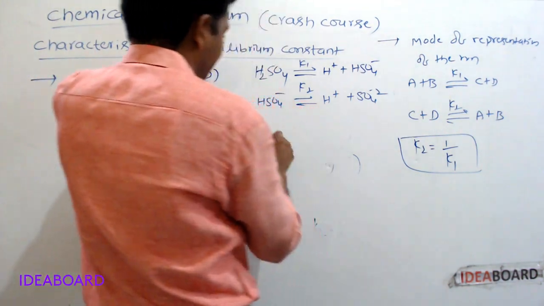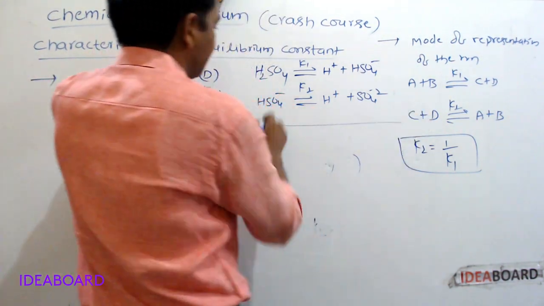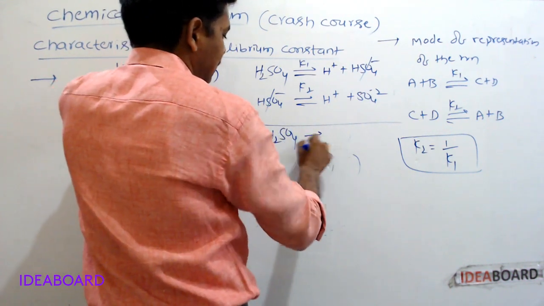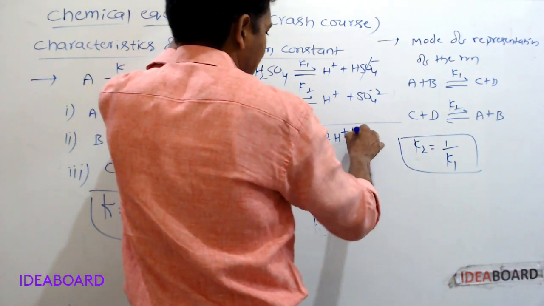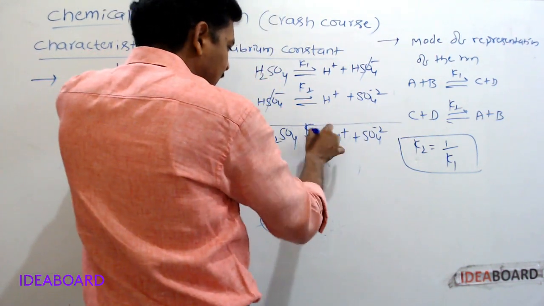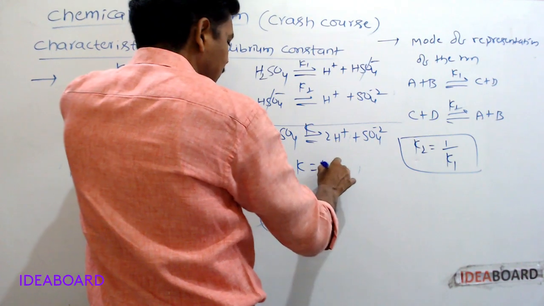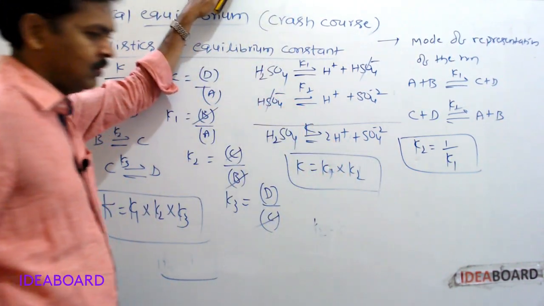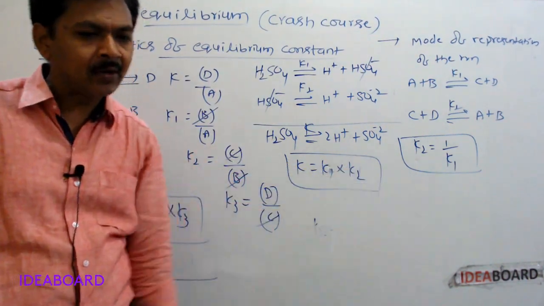Then the overall reaction is H2SO4 gives rise to 2H plus and SO4 minus 2. I am taking K for the overall reaction. Then K is equal to K1 into K2.